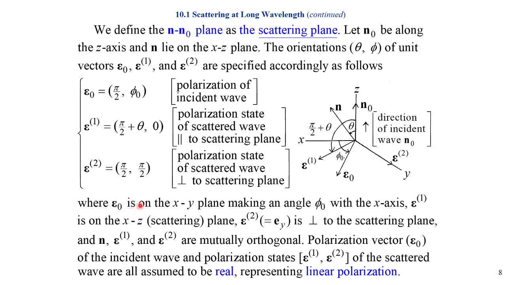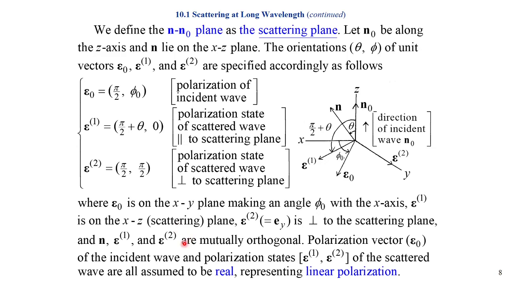So epsilon 0 is on the xy plane, making an angle phi 0 with the x-axis. Epsilon 1 is on the xz plane, and epsilon 2 is on the y-axis and is perpendicular to the xz plane. And n, epsilon 1, epsilon 2 are mutually orthogonal.